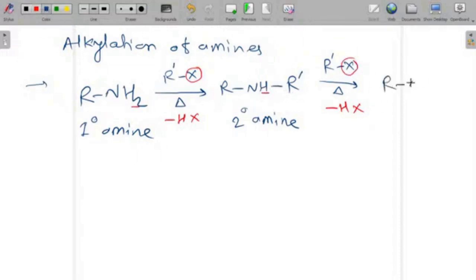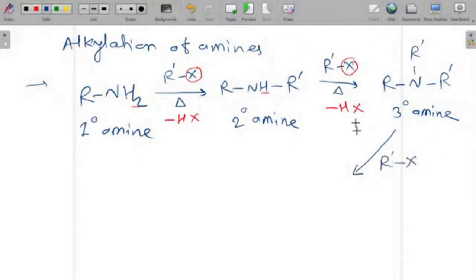Then this is RNR dash, here again it is R dash, it is a tertiary amine. Now primary, secondary and tertiary amine, this reaction cannot stop at the tertiary amine. Further this RX reacts with this tertiary amine.